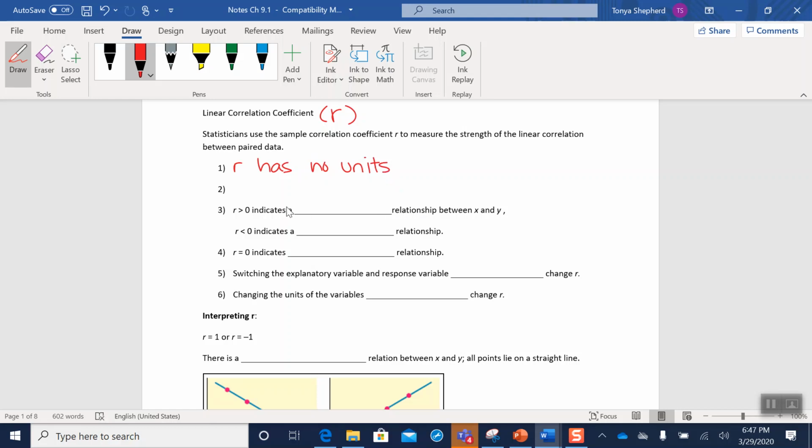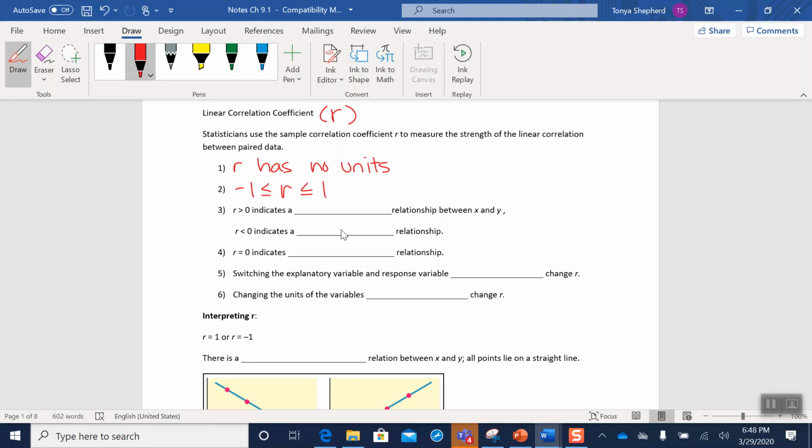It essentially describes the percent of a linear relationship. It is always somewhere between 1 and -1. It can equal 1, it can equal -1, but it cannot be any numbers bigger than 1 or smaller than -1.